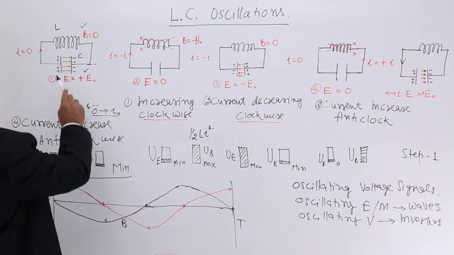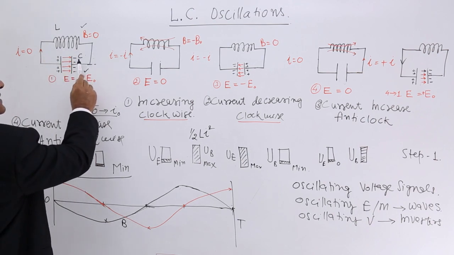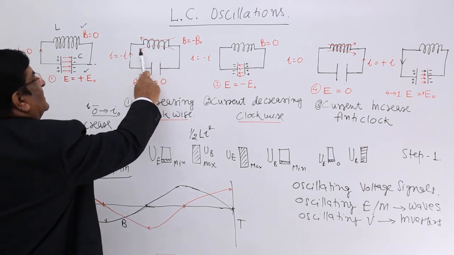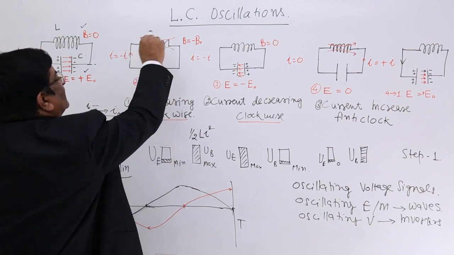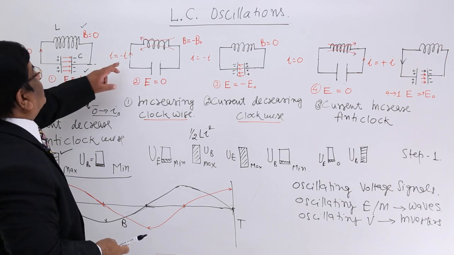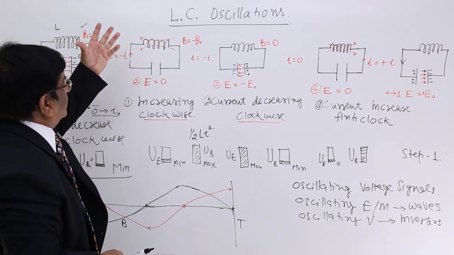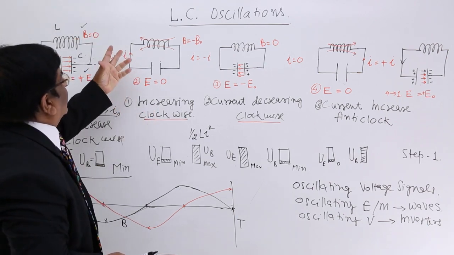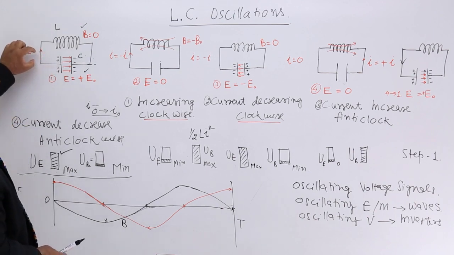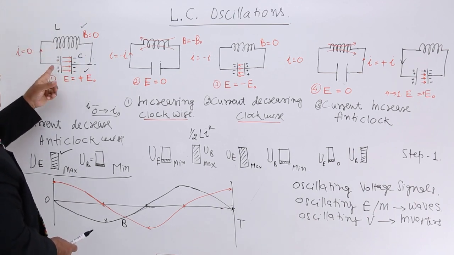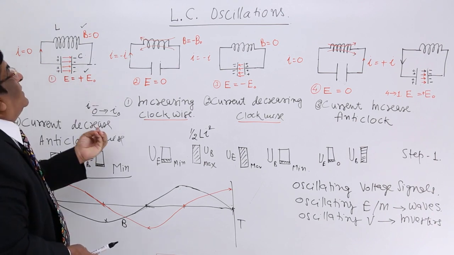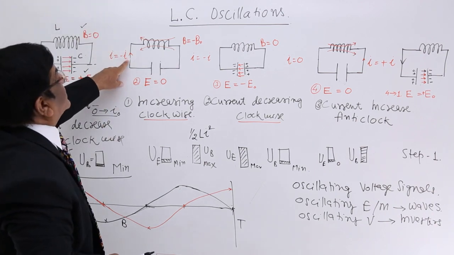Now when the charges are going here, current develops in it, and this current I write as minus I because it is clockwise. When this current flows, increasing clockwise, because all these charges want to rush to the negative charges, the current increases from 0 to I value.